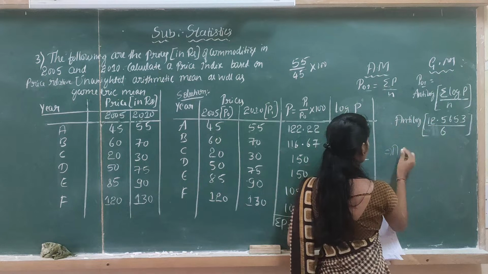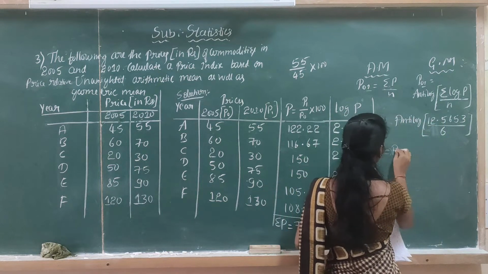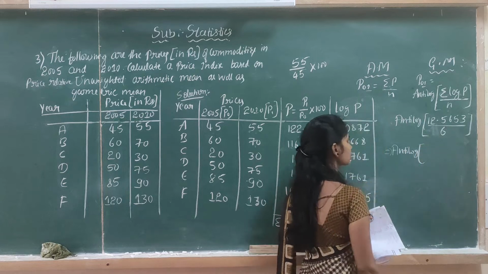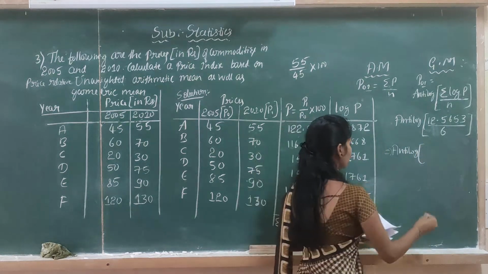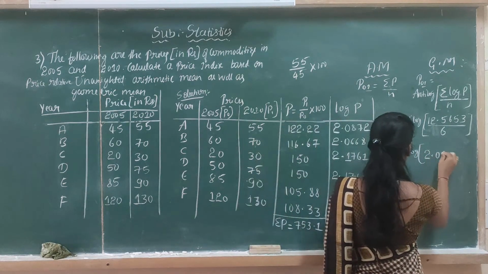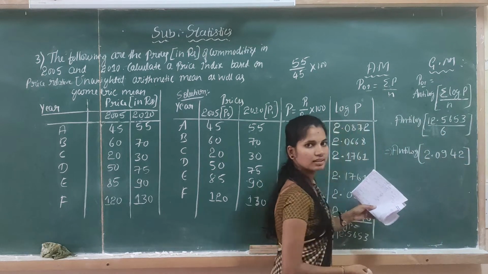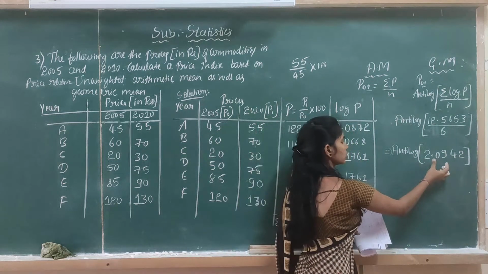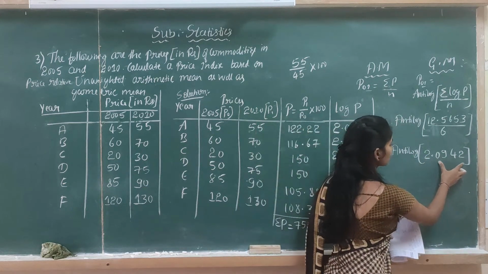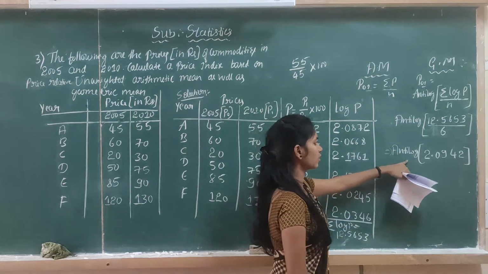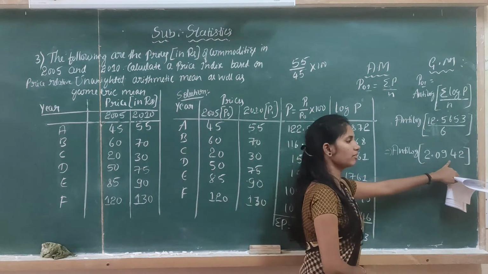So the anti-log of 12.5653 divided by 6 is 2.0942. Then the last step is you find the anti-log for 2.0942.